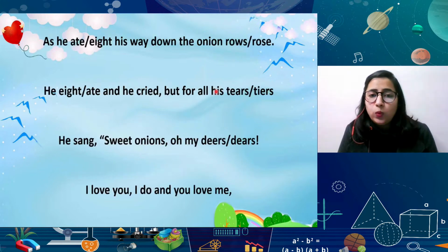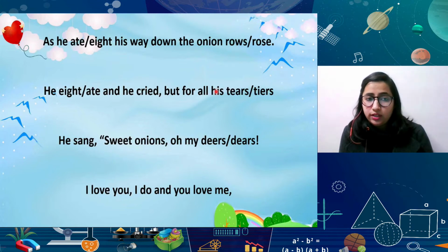As he ate his way down the onion rows. Now, in this line, I have 2 homophone pairs. The first one is ate and eight, where I have spellings A-T-E and E-I-G-H-T, and both are pronounced the same way, ate. As he ate his way. Now, I can tell that there is no use of the number 8 in this line.